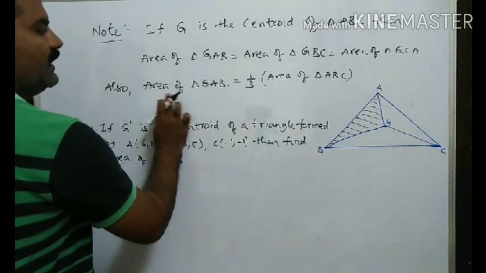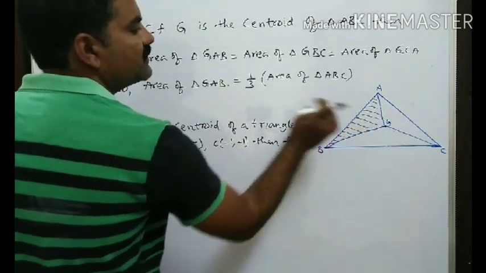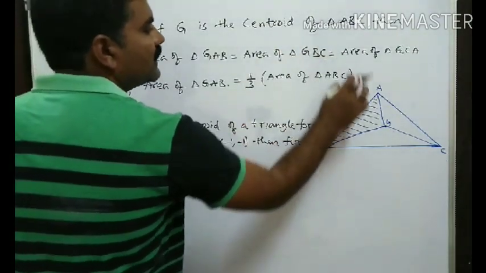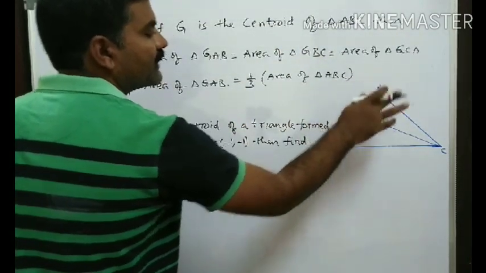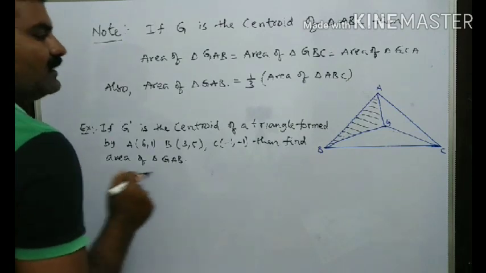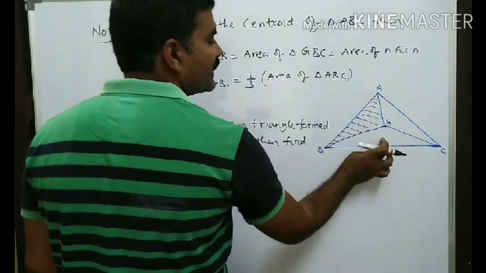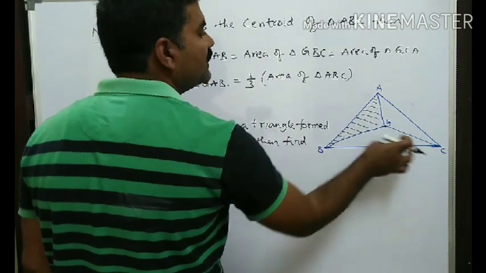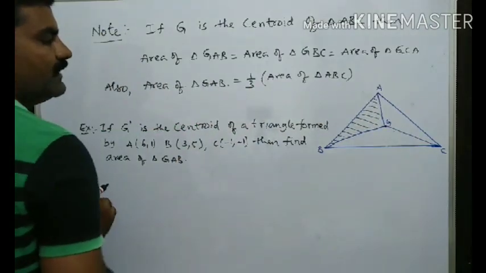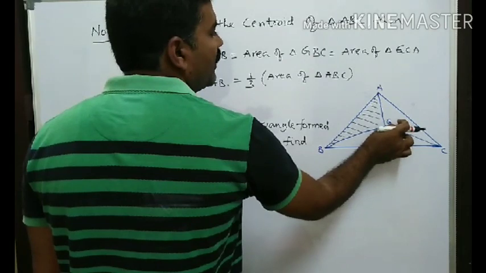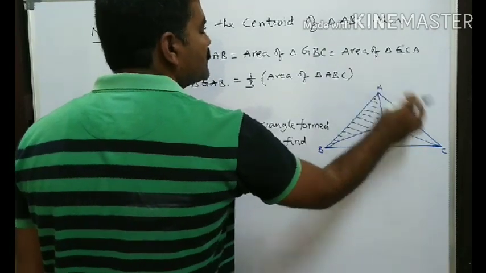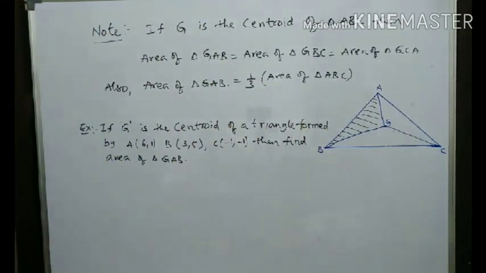So area of triangle GAB is equal to 1/3 of the entire area of triangle ABC. Not only area of triangle GAB, even if you want the area of triangle GBC also, 1/3 of area of triangle ABC. Similarly, area of triangle GAC is also 1/3 of area of triangle ABC.